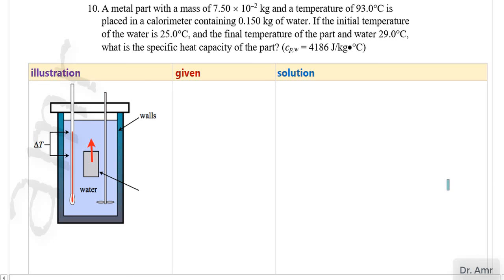If the initial temperature of water is 25 degrees Celsius and the final temperature of the part and water is 29 degrees Celsius, what is the specific heat capacity of the part? يعني ايه specific heat capacity of the part؟ طبعا دي مسألة تلخبط وتخض، بس لما نشوفها تلاقوها تافهة جدا لما تشوفوا رسمتها.